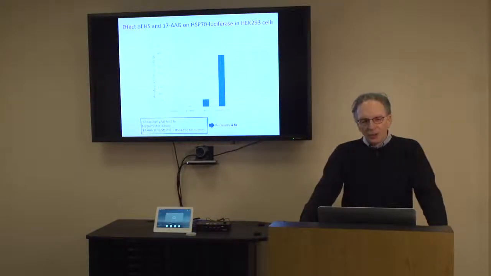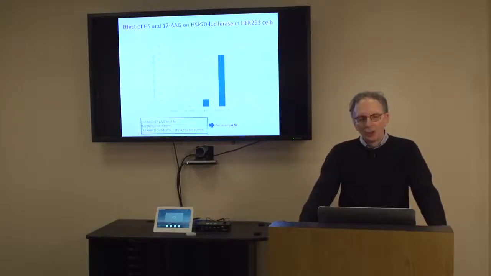And you can see that 17-AAG alone has a minimal effect on HSP70-driven reporter activity. Heat shock has an effect, as expected, but the combination of 17-AAG and heat shock has a synergistic effect that is much higher than one would expect from just an additive response.